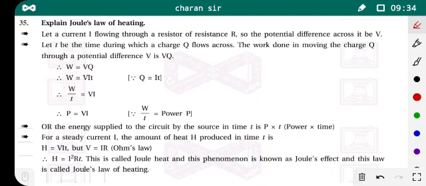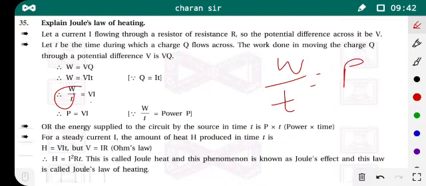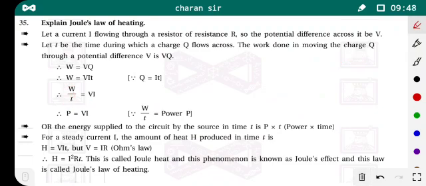Now we divide by T, so W by T is equal to VI. Work done per unit time gives power. What is the definition of power? Power is defined as work done per unit time. So W by T, that is power P, is equal to VI.